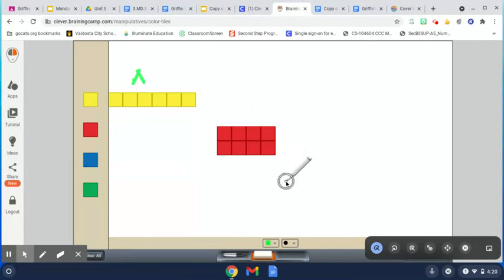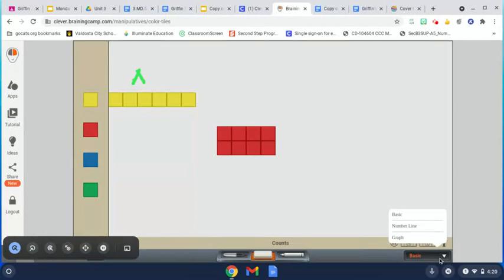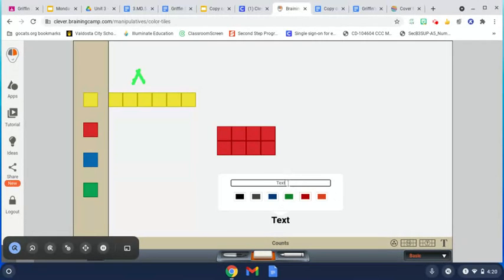Let me take that off of that. I'm going to use the text box instead. All right, let's see. Get me a text box. No text box. There we go. There's the text box.